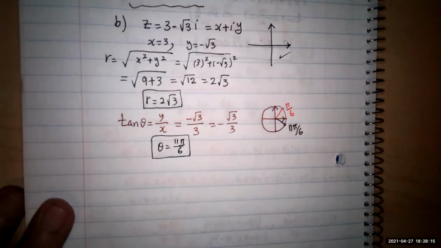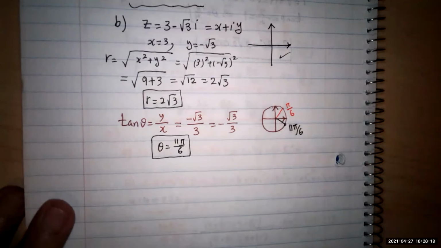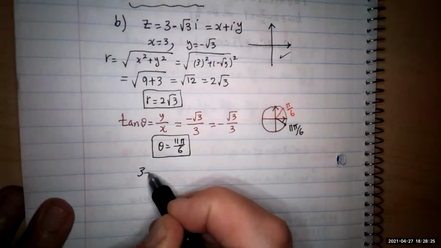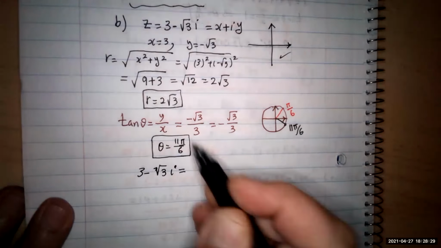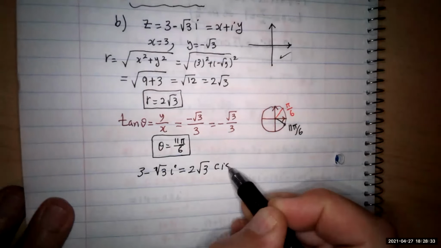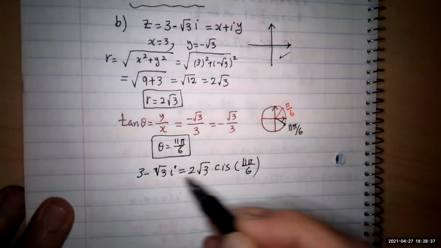Any question? It depends where you are, then you pick, different cases. So there you are, we are ready to give you the result. 3 minus radical 3i is equal to r cis theta, which is 2 radical 3 cis of 11 pi over 6.